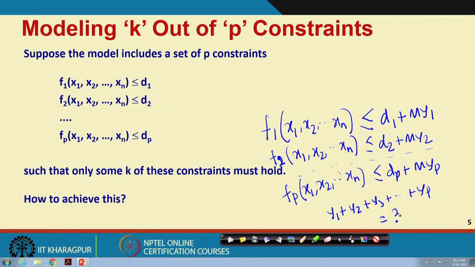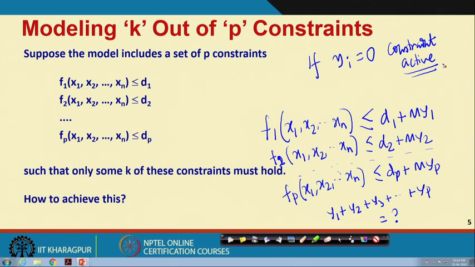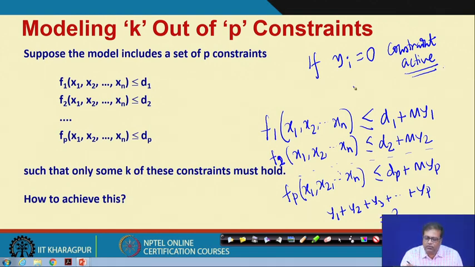See, the point is, if yi equal to 0, then the constraint is active. We want the number of active constraints to be k, and yi equal to 1 means the constraint is redundant or non-active.